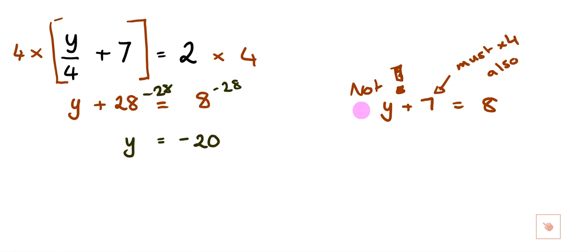So what Rory said was, well, we've got y divided by 4 plus 7 is 2. Well, if we multiply it by 4, that means I haven't done the divide by 4 yet. But if I multiply it by 4, the answer has got to be multiplied by 4. So that's why I've got the 8.